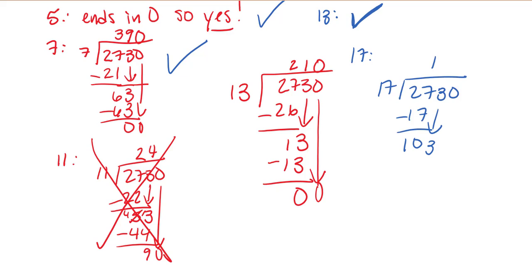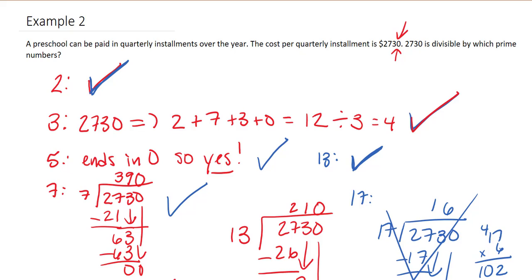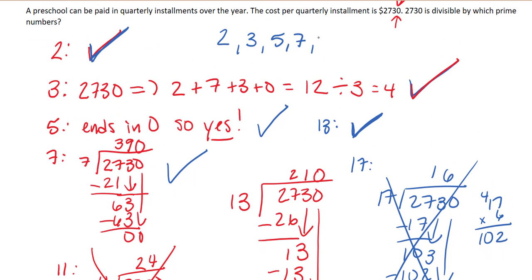Let's say 6 times. 17 times 6: 7 times 6 is 42, carry the 4, and 1 times 6 is 6, plus 4 is 10, so that's 102. We get 1. Bring down the 0. That's not going to work out. So what are the numbers we can use? 2, 3, 5, 7, not 11, but we can use 13.